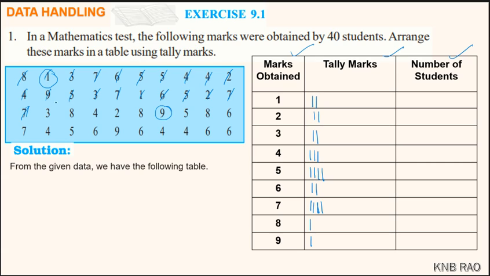So, 3, third boy got 3 marks, 8, second boy got 8 marks, 4, this is the fourth boy who got 4 marks, 2, third boy got 2 marks, 8, third boy got 8 marks, 9, second boy got 9 marks, 5, already 4 boys are there.